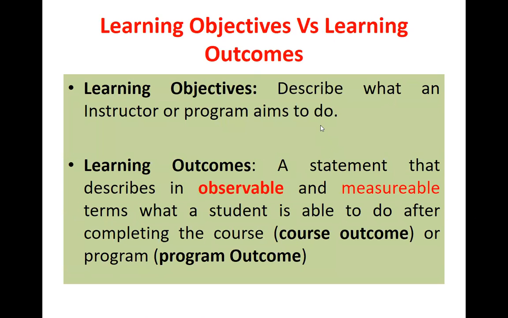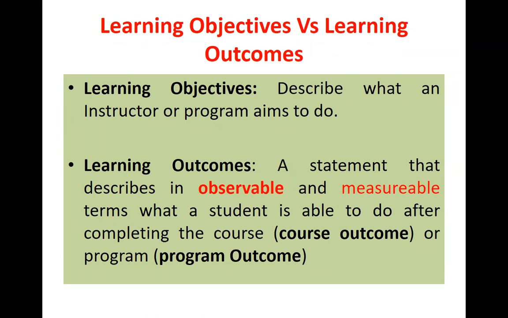Now, how to write the course outcomes, and what is the main difference between a learning objective and a learning outcome? Learning objectives are always specified on top of the syllabus. When a new subject is allotted to us, when we see the syllabus, we can see the objectives.